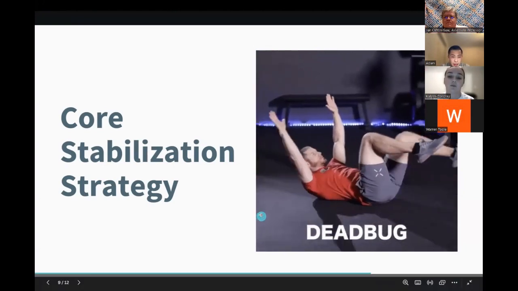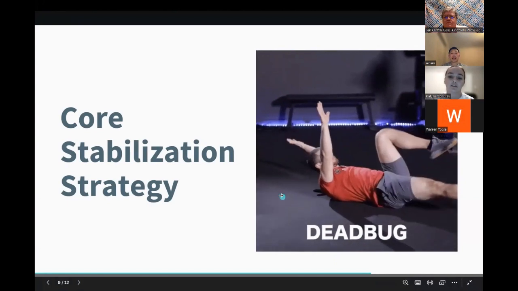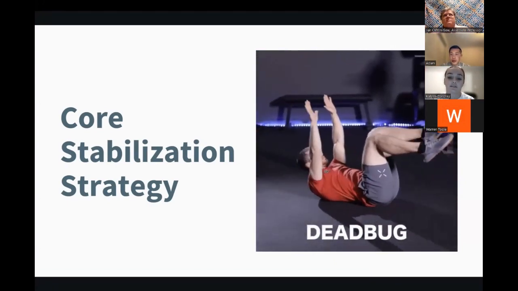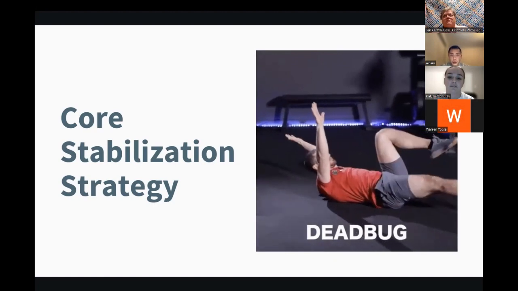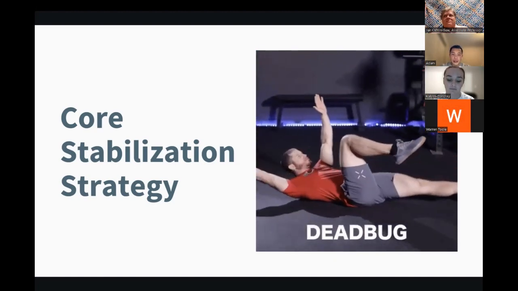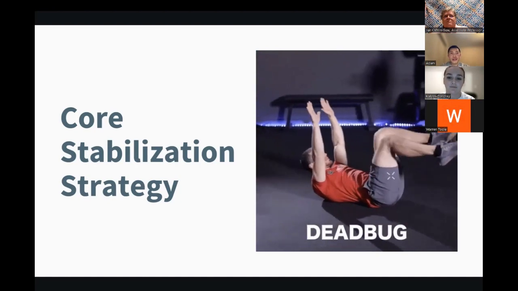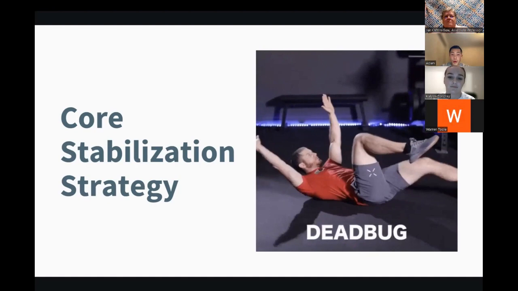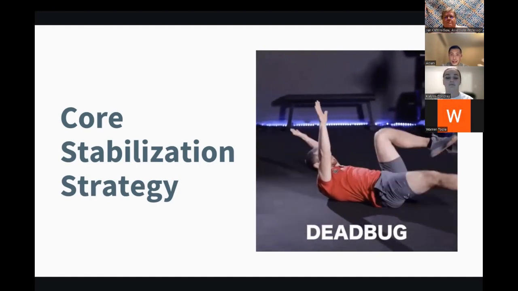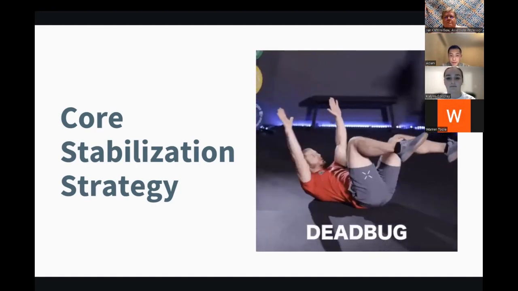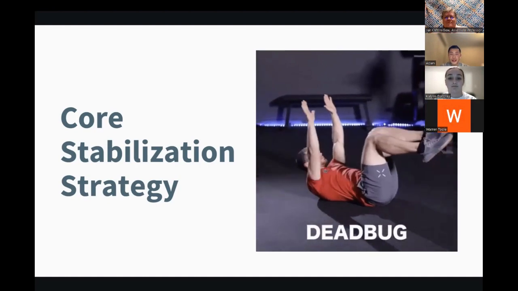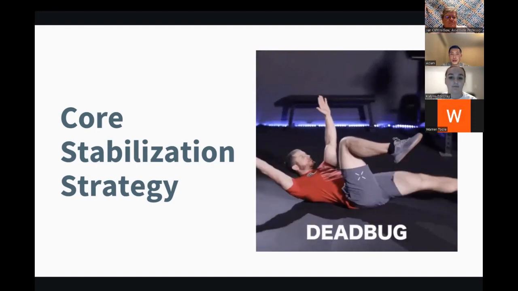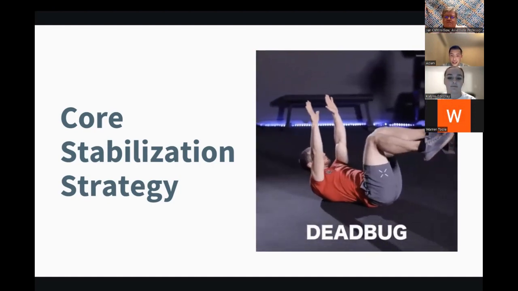Is that a bad core stabilization strategy? Yes. So I'm giving an example. When you walk into the gym, or go see a lift, or when you're doing rehab with a patient, how can you tell that patient has bad core activation or a bad way to stabilize their spine? What are some signs that you usually use to make that decision?